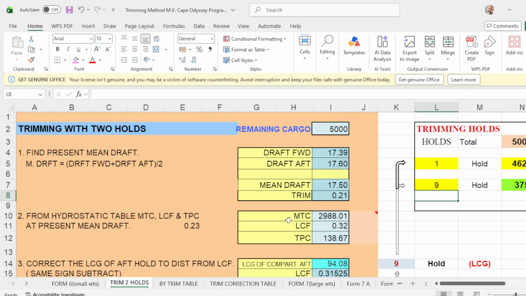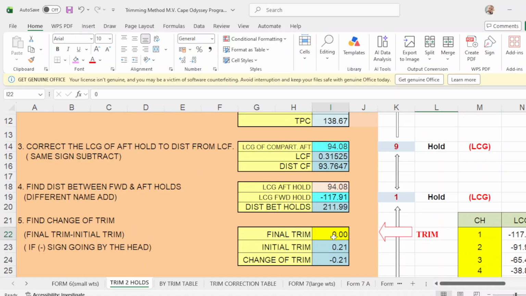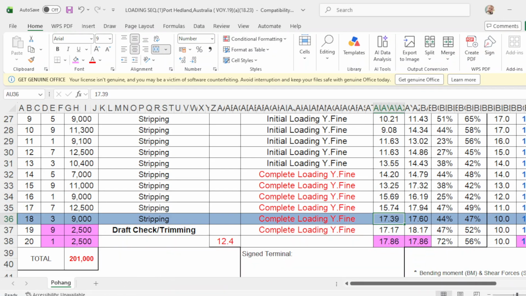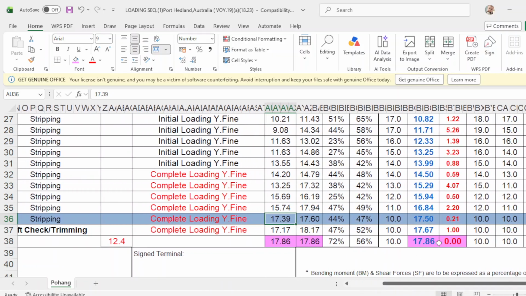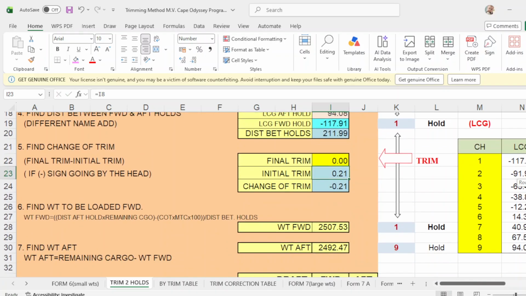From here, scroll down and look for the departure trim. So what is our trim? The trim is 0 because it's even keel. So you put here 0, and what will be your cargo per hold? Number 1 and 9.